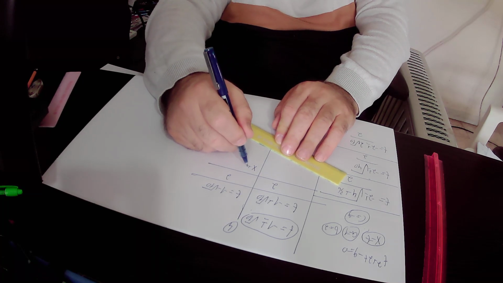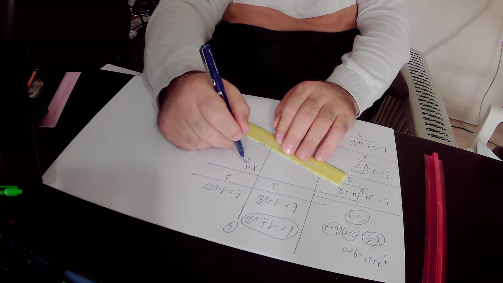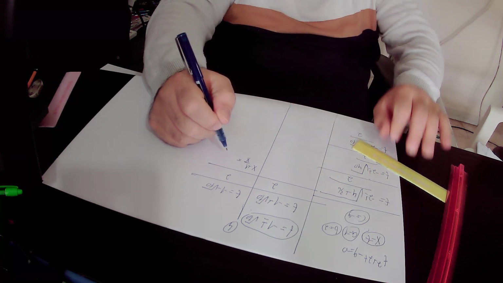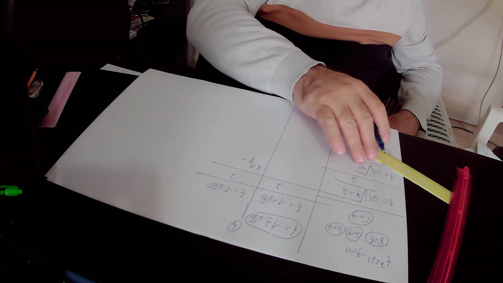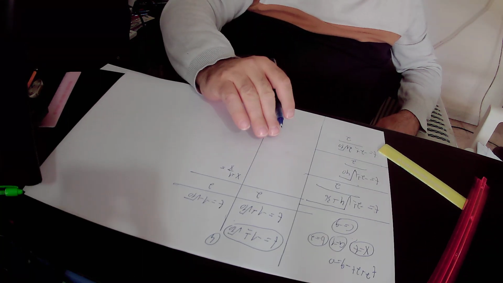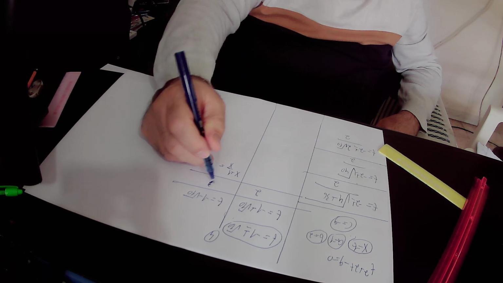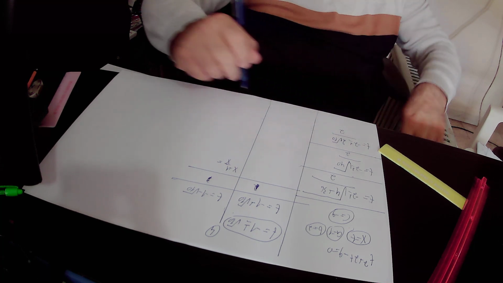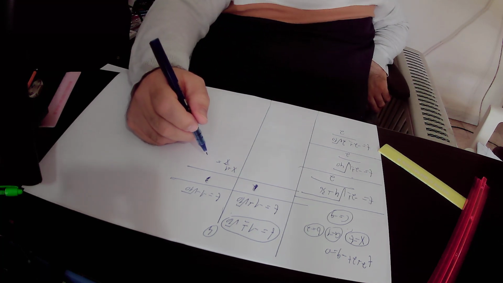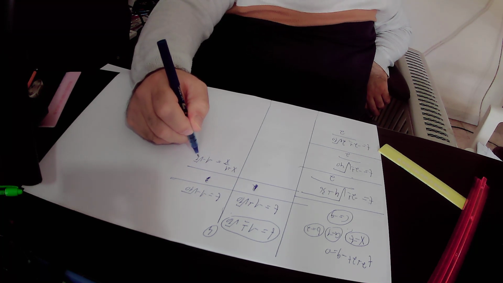So x plus 1 over x equals minus 1 minus square root of 10.